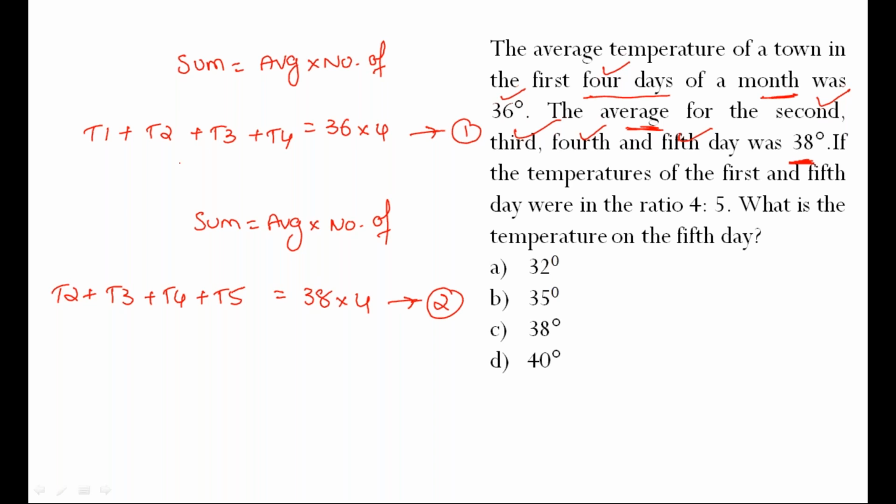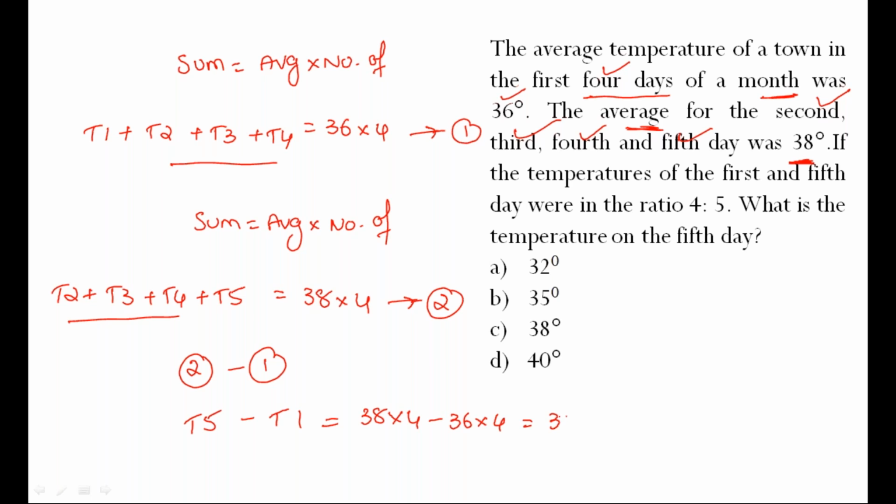Now friends, if you focus on equation 1 and equation 2, three terms are common. Second day, third day, and fourth day are common in both. Now if you perform equation 2 minus equation 1, the common terms get cancelled. Fifth day temperature minus first day temperature is 38 into 4 minus 36 into 4.